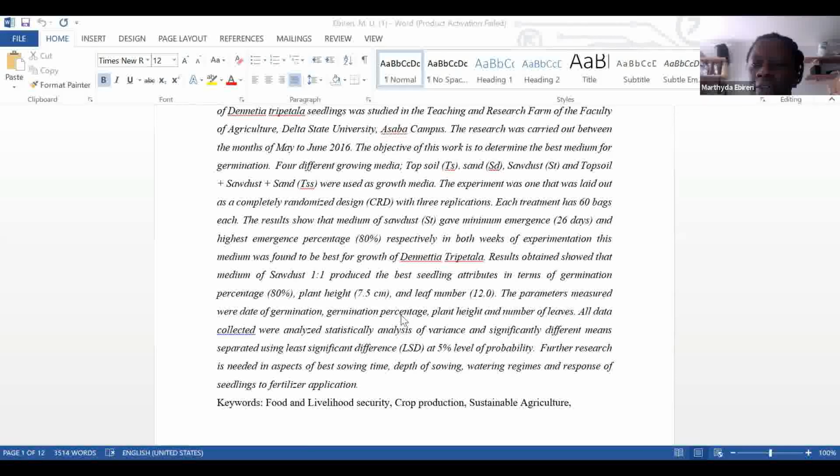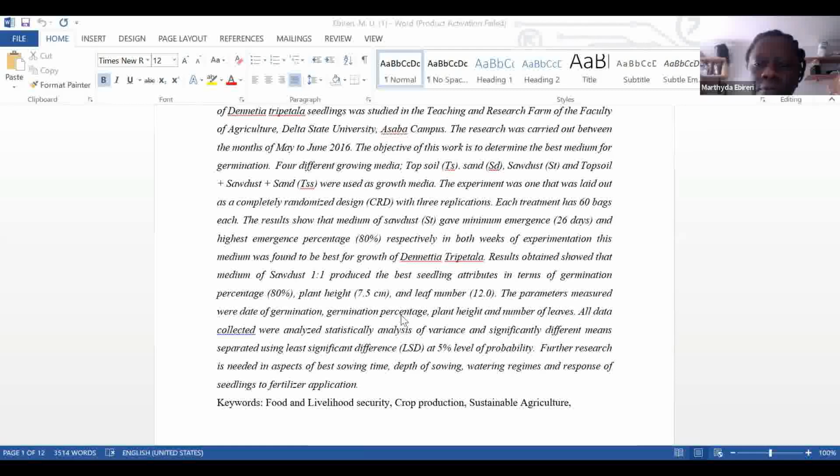So at 0 to 20 weeks after planting, it should be done in a greenhouse or in a very small place where the growth media that is going to be used is topsoil.